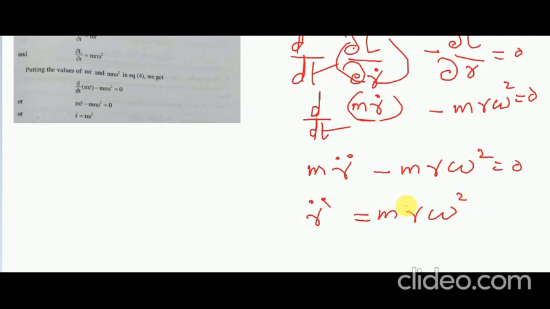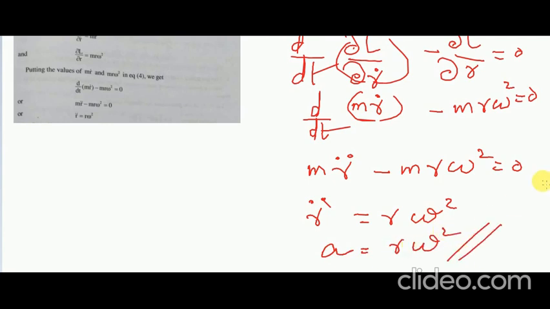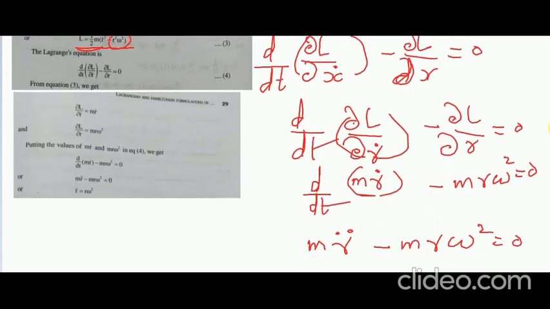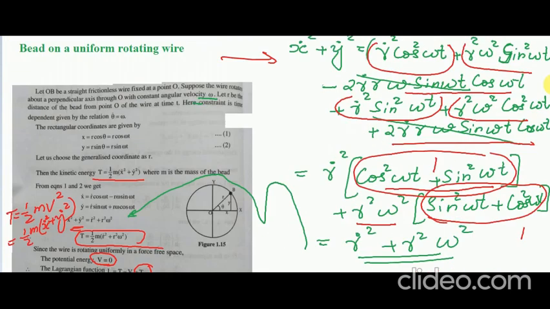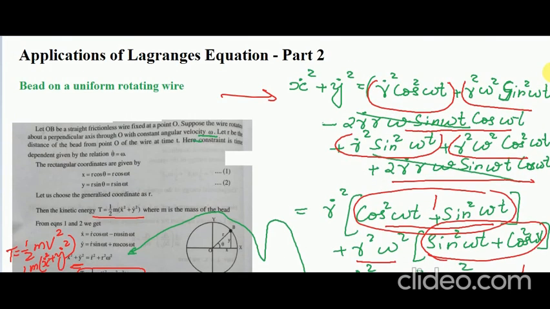That is, acceleration equal to r omega square, for the object moving on a circular track. So we used Lagrange's equation for finding the expression for the acceleration of the bead moving on a circular track, or moving along uniform circular motion.